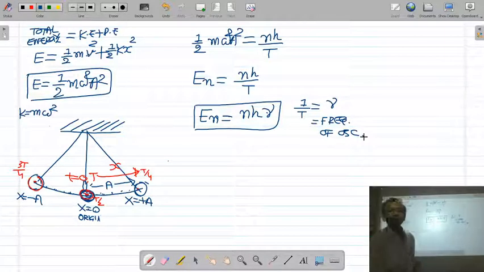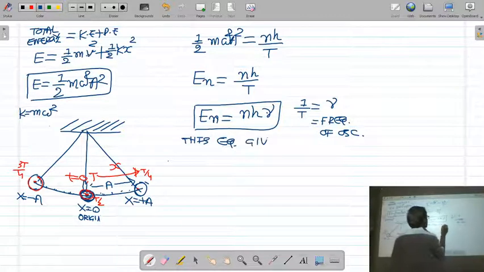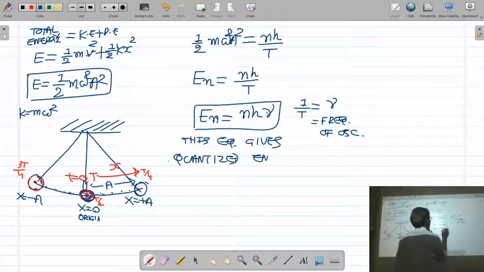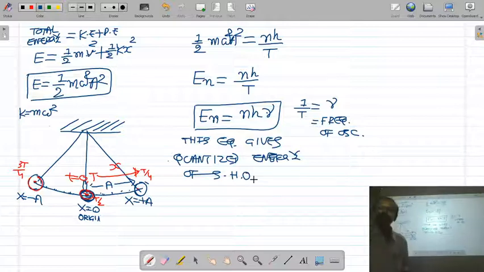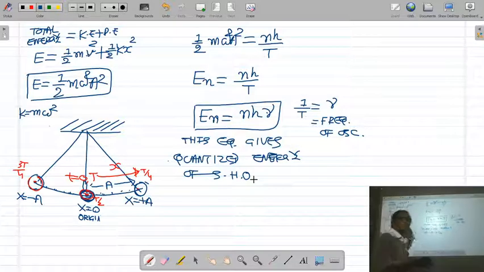This equation gives the quantized energy of a simple harmonic oscillator. By solving the phase integral, we have derived the equation for the energy of the harmonic oscillator, and we found that the energy cannot take just any value.